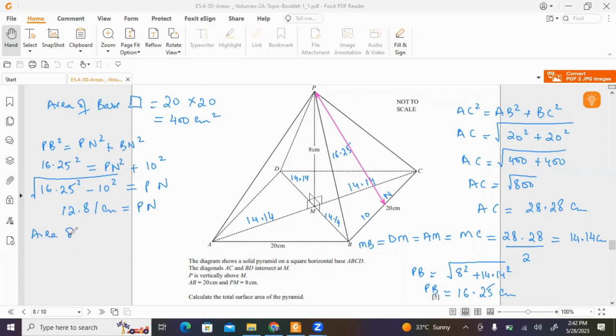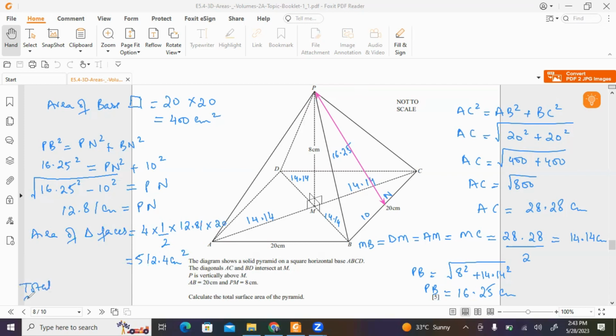Okay, so now we find the area of the triangular faces. That's going to be 4 times, because there are 4 faces, 1 over 2, perpendicular height is 12.81 and base is 20. So 12.81 times 20 times 2, that's 512.4 centimeters squared.